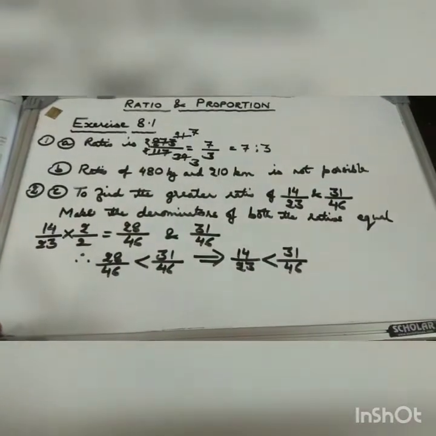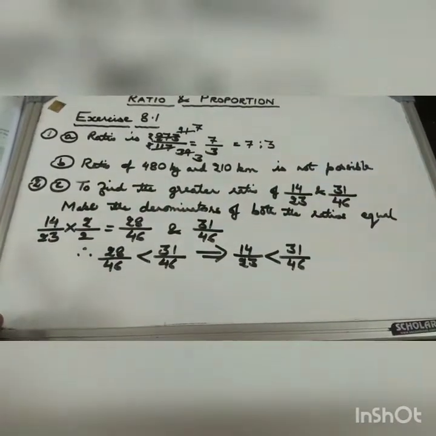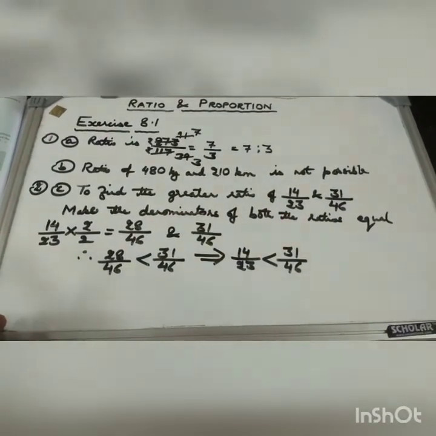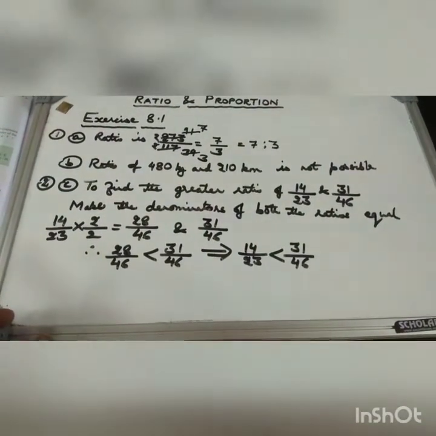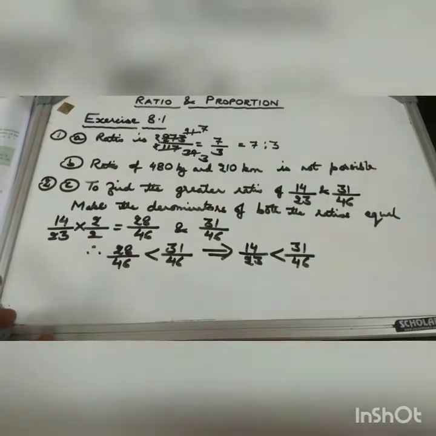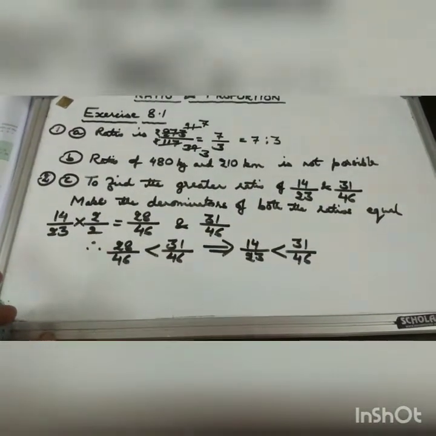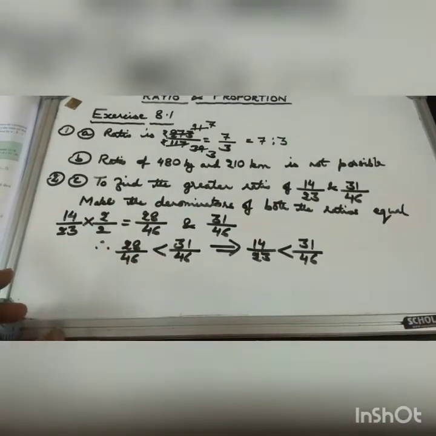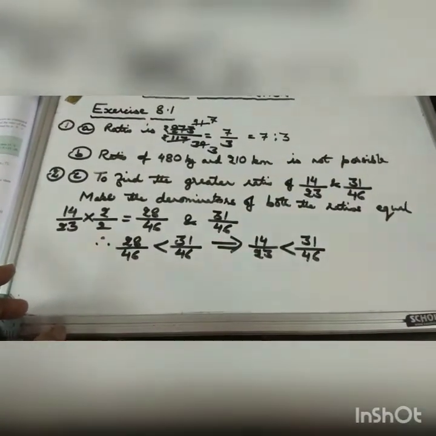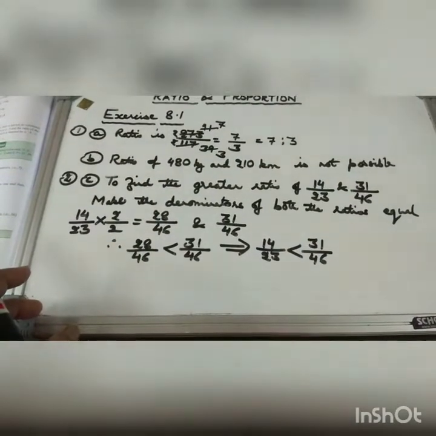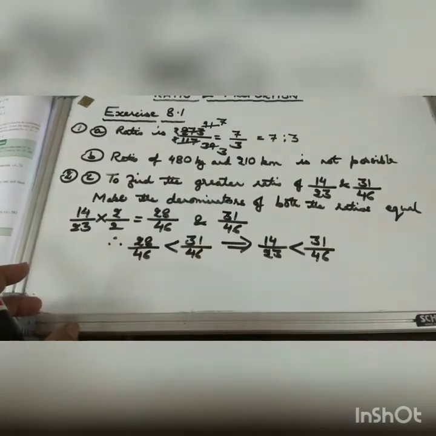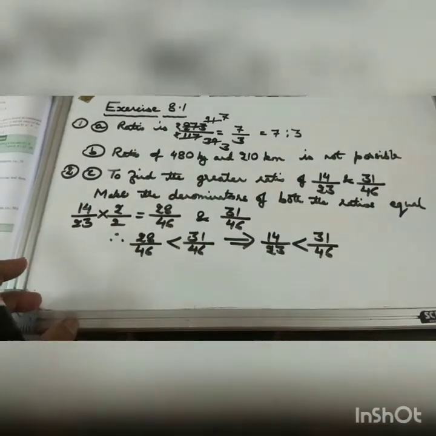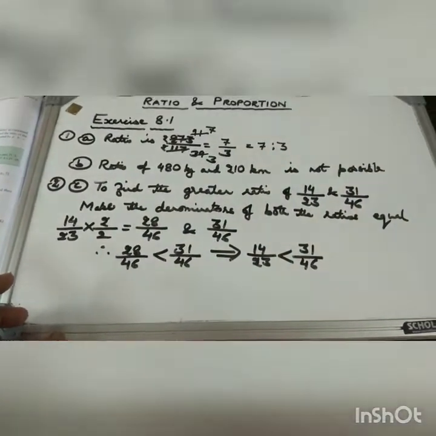Now question number 1, A part. Question is rupees 273 and rupees 117. Now both the quantities are in the same unit, that is rupees. So if you cancel 273 by 3, you are getting 91. Similarly, denominator, cancel it by 3, you are getting 39.